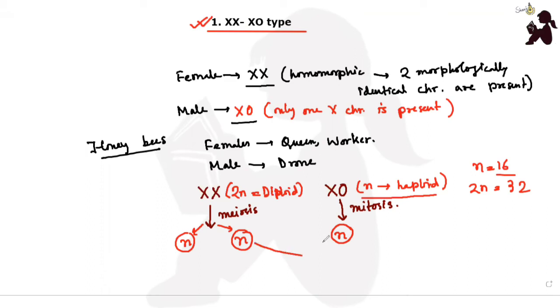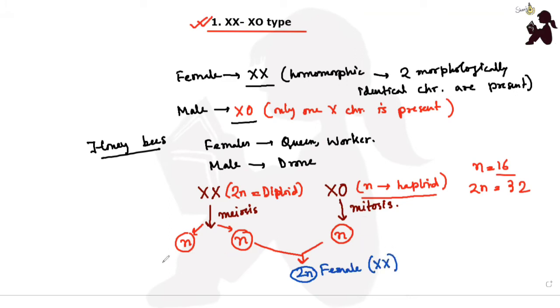Then the fertilization of these two will produce the 2n with 32 chromosomes, and that will be the female with the XX genotype.